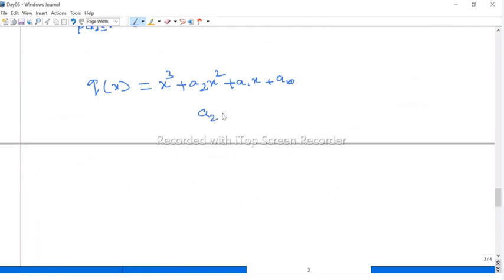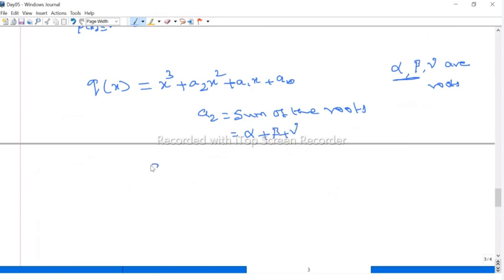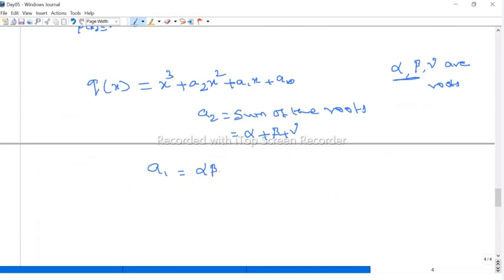Now a2 is nothing but the sum of the roots of this polynomial. Suppose alpha, beta, gamma are the roots of this polynomial. Therefore a2 is alpha plus beta plus gamma. a1 is the sum of products of roots, that is alpha beta plus beta gamma plus gamma alpha.